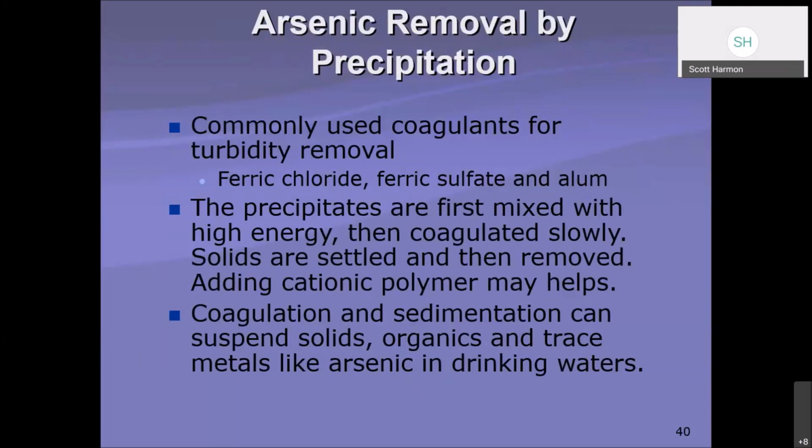Coagulation and sedimentation can remove solids, organics, and trace metals like arsenic in the drinking water. So there is an ability through these processes, through a conventional treatment system, to mitigate some of the arsenic, or in some cases all of the arsenic, based on how high the levels are, and whether your influent water is in the right range for this type of treatment.